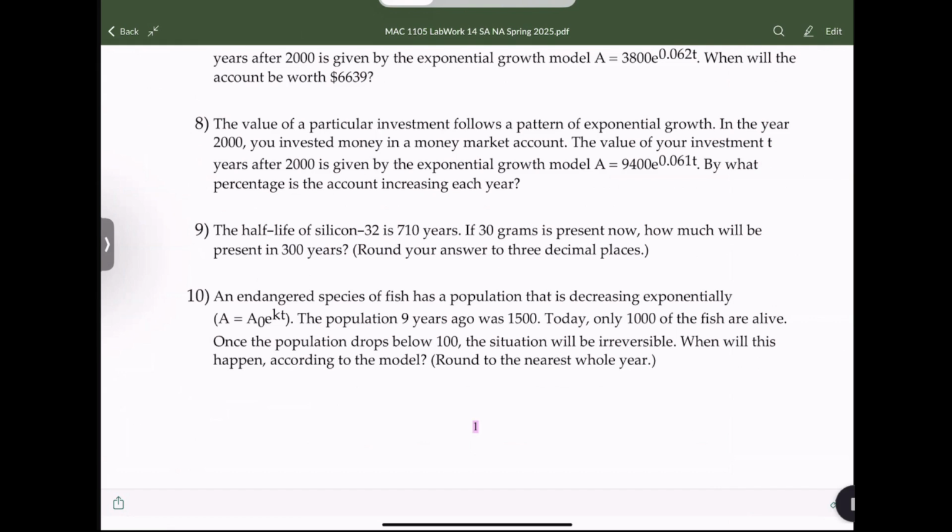The problem is that if this fish population goes below 100, we can't reverse the process. The fish will go extinct. So the question is, when in the future will the fish hit 100 fish left?